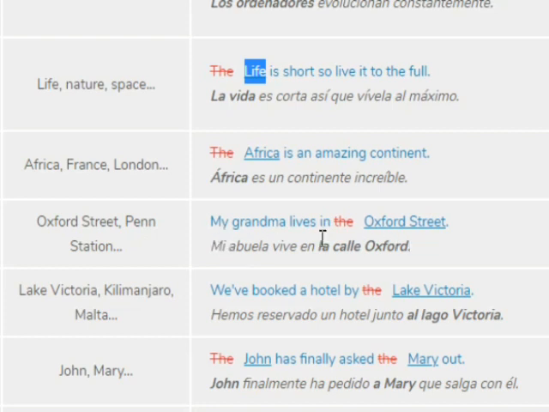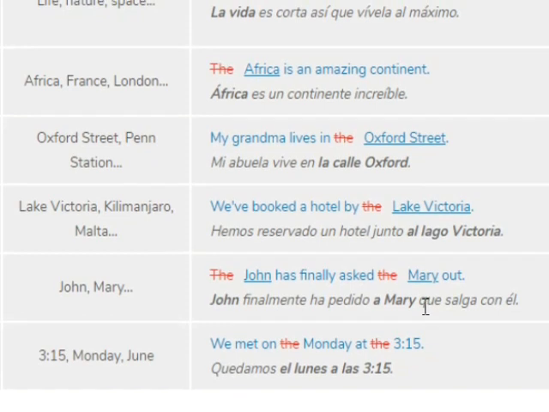We don't use "the", okay? With names of mountains and lakes, we only say Lake Victoria, Kilimanjaro, Malta, just like this. We have booked a hotel by Lake Victoria.